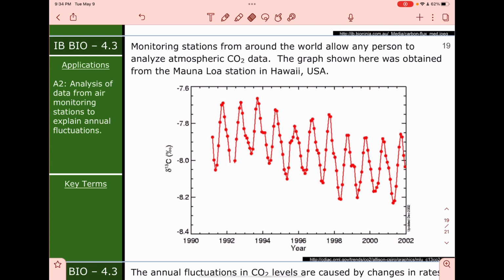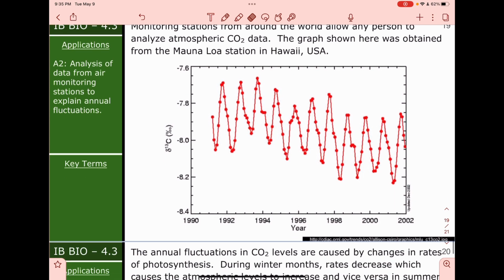So you have a lot more photosynthesis occurring in the summer months than you do in the winter months. So in the winter months, even though it is spring or summer in the southern hemisphere, there's not as much vegetation in the southern hemisphere, and consequently, you don't have as much CO2 being absorbed or photosynthesis going on, and so you have a higher level of CO2 in the atmosphere.